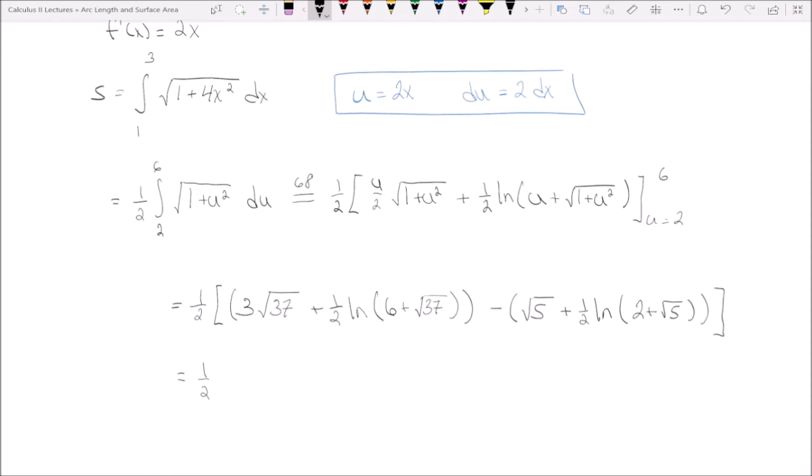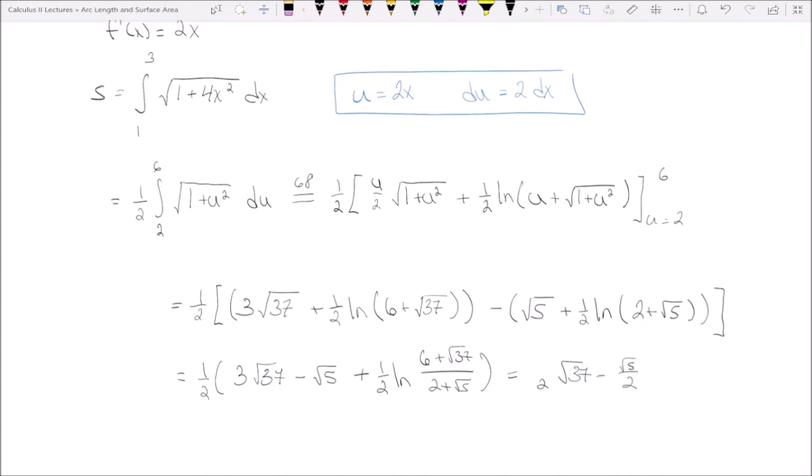Simplifying all this out, 1/2 times 3 square root of 37 minus square root of 5 plus a half log of 6 plus root 37 over 2 plus root 5. We can distribute that 1/2 through and we get 3/2 root 37 minus root 5 over 2.